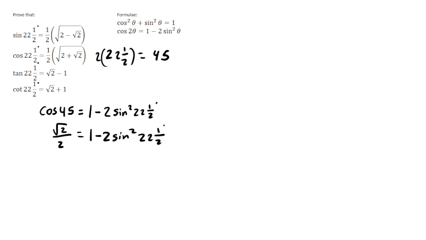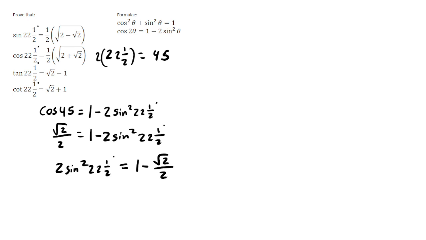So let's just rearrange this equation. We can rearrange it as 2 sine squared 22.5 is equal to 1 minus root 2 over 2.